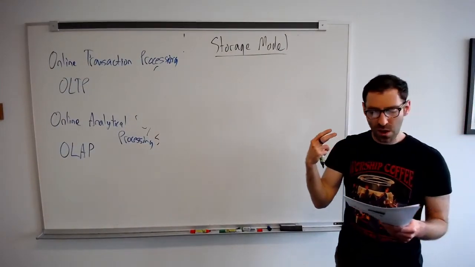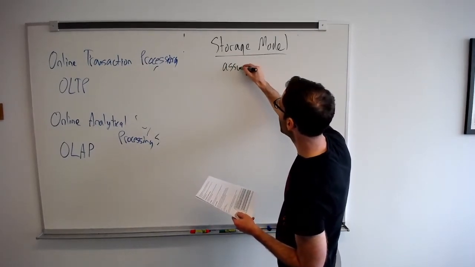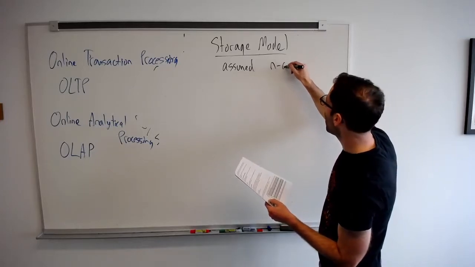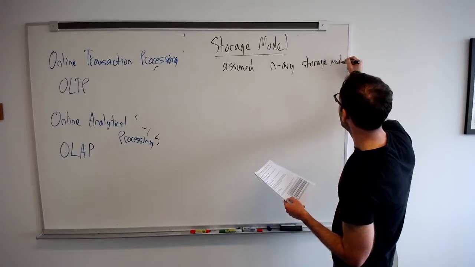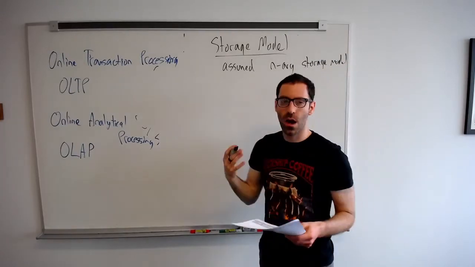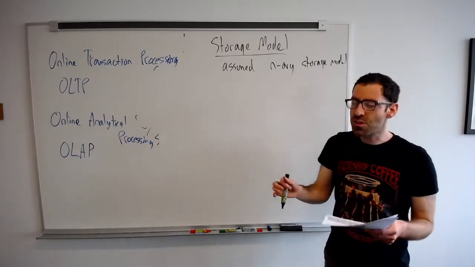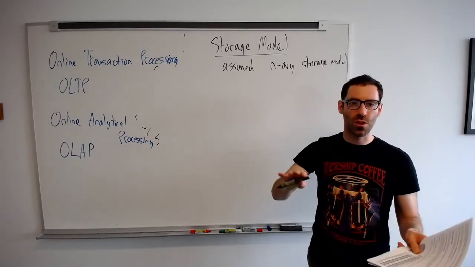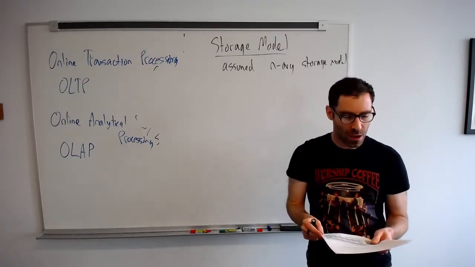We have assumed up till now what's called the NSM storage model. But I want to emphasize that our relational model of databases doesn't require a particular structure of where to put the different tuples or parts of tuples in our database.